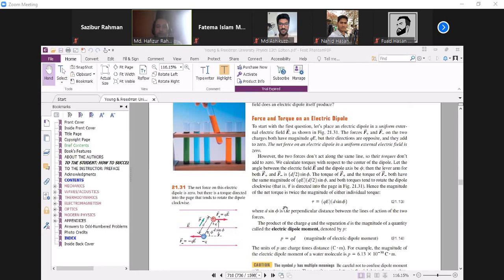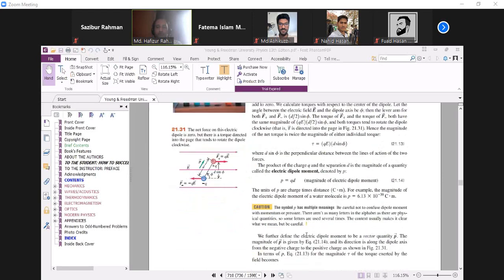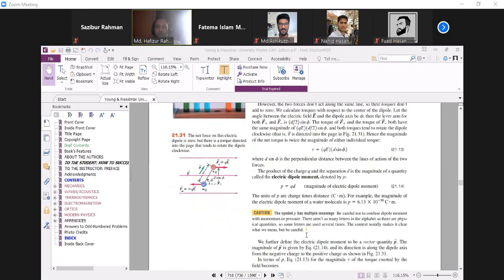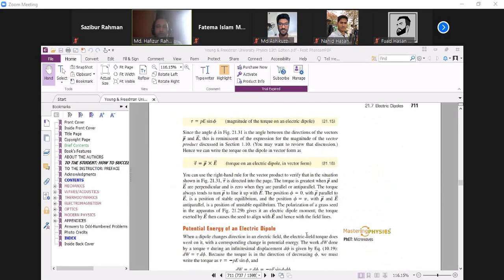So from here we can calculate a lot of things like the torque of the dipole. Torque is actually the angular force between the two charges that we'll find. Then the dipole moment, then potential energy.